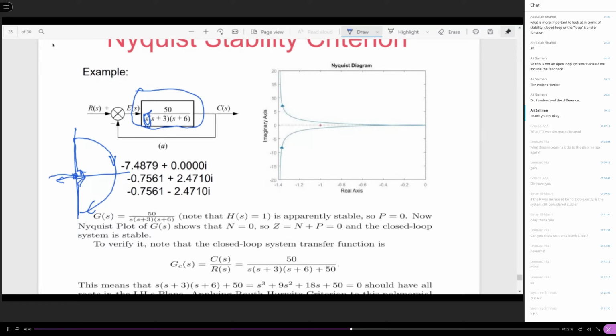So for this system, when you count P, apparently P is equal to 0. The open loop system is treated as stable, okay? So then we need to draw the Nyquist plot.